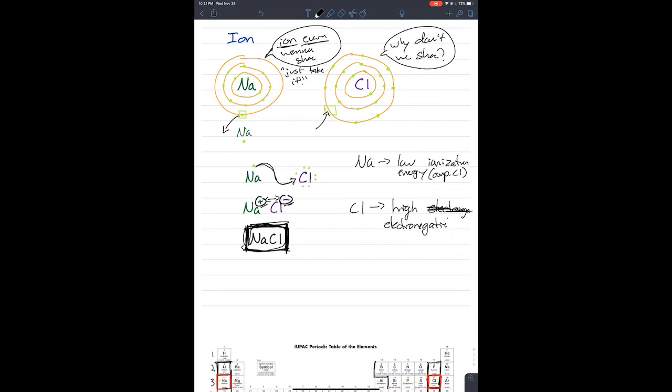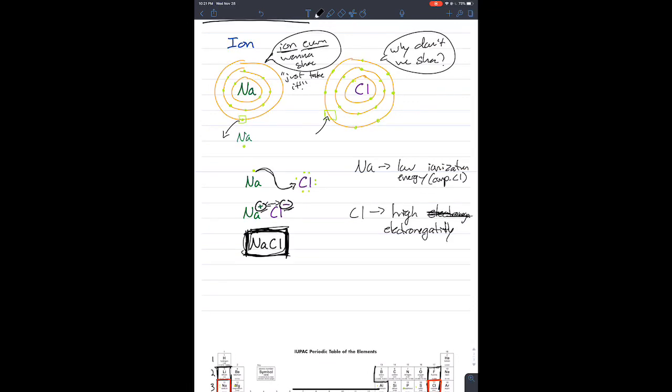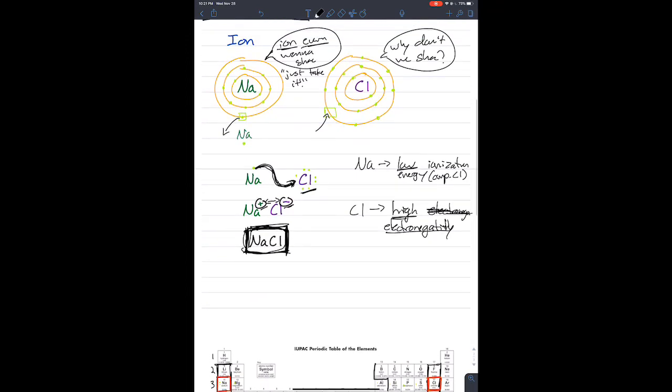So ionization energy is how difficult it is to take away an electron. It's low for sodium. It's easy for this electron to go over here. Chlorine has a high electronegativity. Electronegativity is the ability of an atom to attract an electron. So chlorine is pulling this electron toward itself. Okay, so those trends come in handy here.